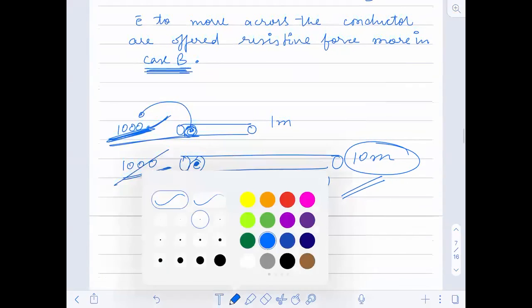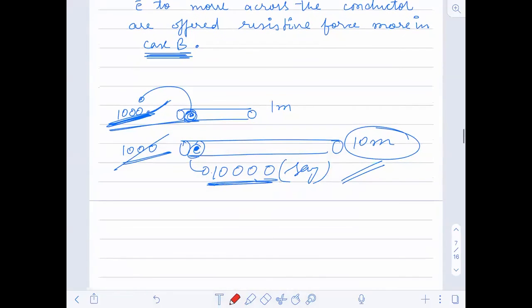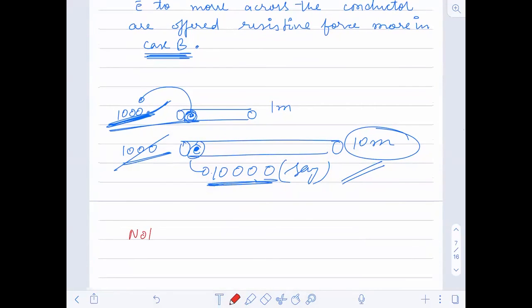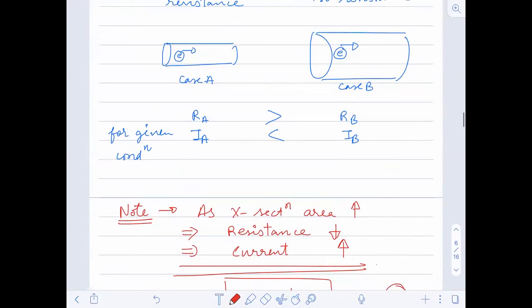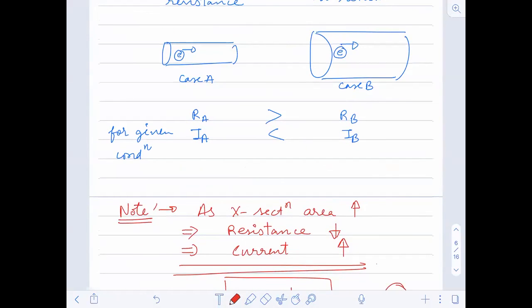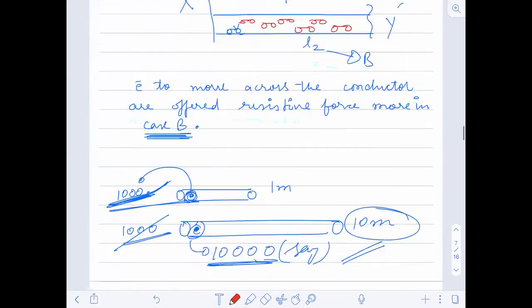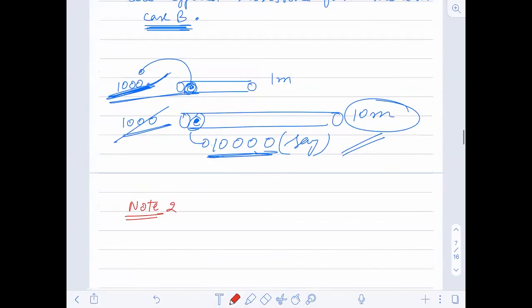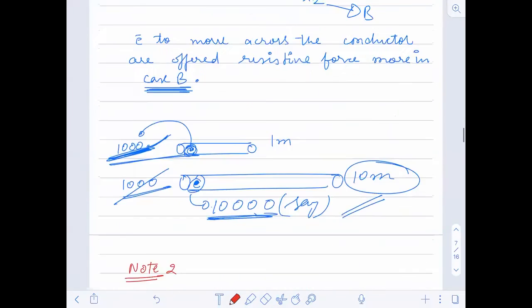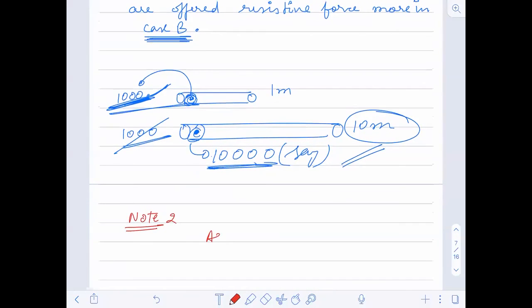So I can write a note here. This was note 1, and this is note 2. What have we written here?